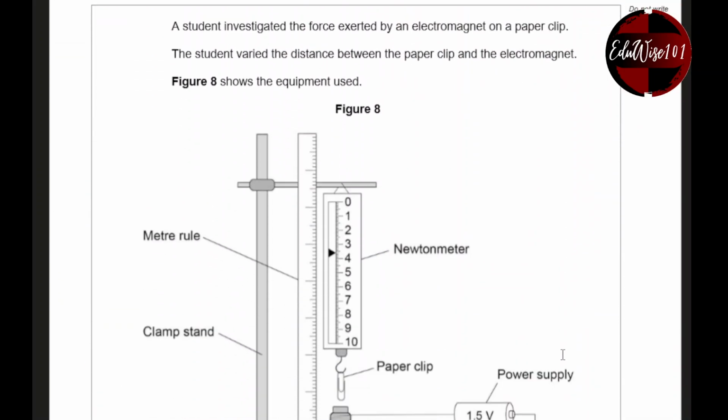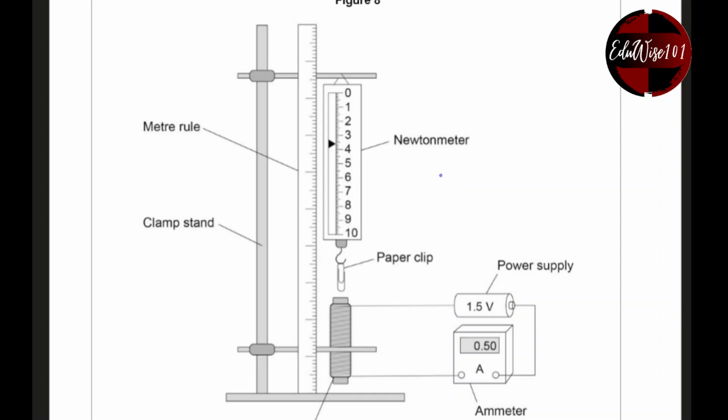Next part, a student investigated the force exerted by an electromagnet on a paperclip. The student varied the distance between the paperclip and the electromagnet. Figure 8 shows the equipment used. So here you have a Newton meter which is measuring the pulling force, and the Newton meter is attached to a paperclip, and that paperclip is being pulled in this direction by this electromagnet.